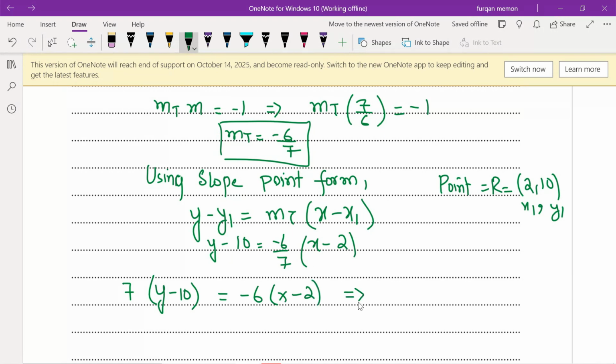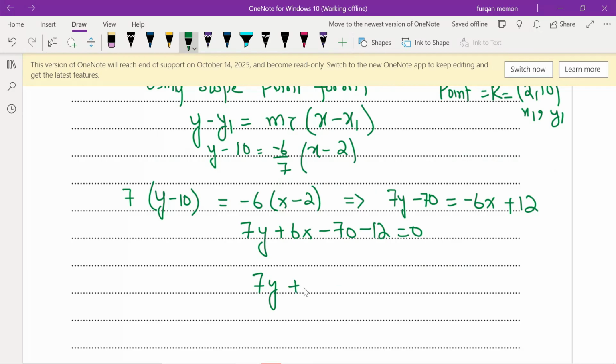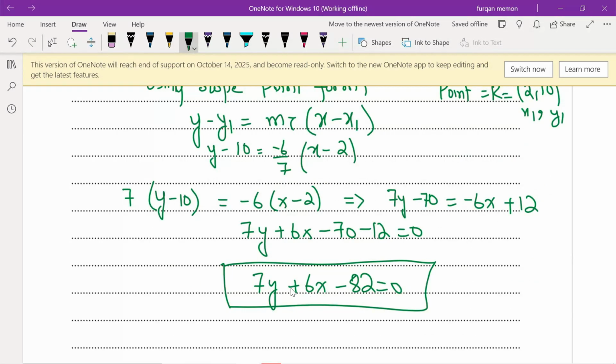This is equal to 7y minus 70 equals -6x plus 12, which gives 7y plus 6x minus 70 minus 12 equal to 0, so 7y plus 6x minus 82 equal to 0. So this is the required equation of the tangent to the circle at R.